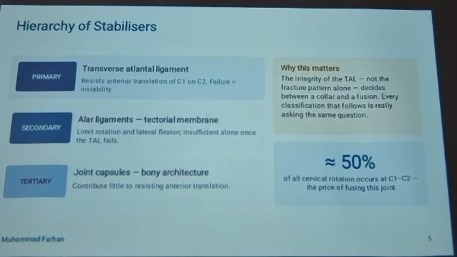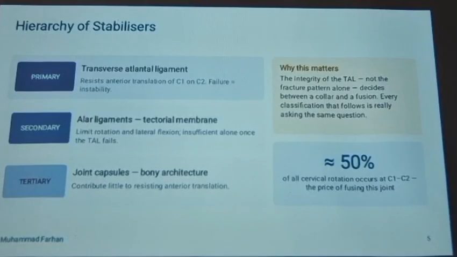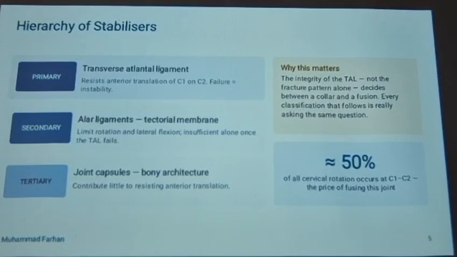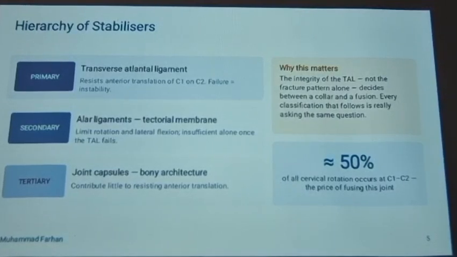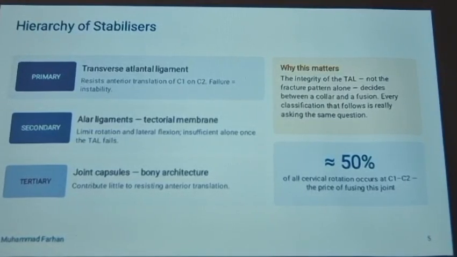If there is any tear or disruption of it, then the C1-C2 complex will not be stable. If the ligament is intact, then C1-C2 is stable, there may be some range of motion, and there are no chances of any deficit in the future.